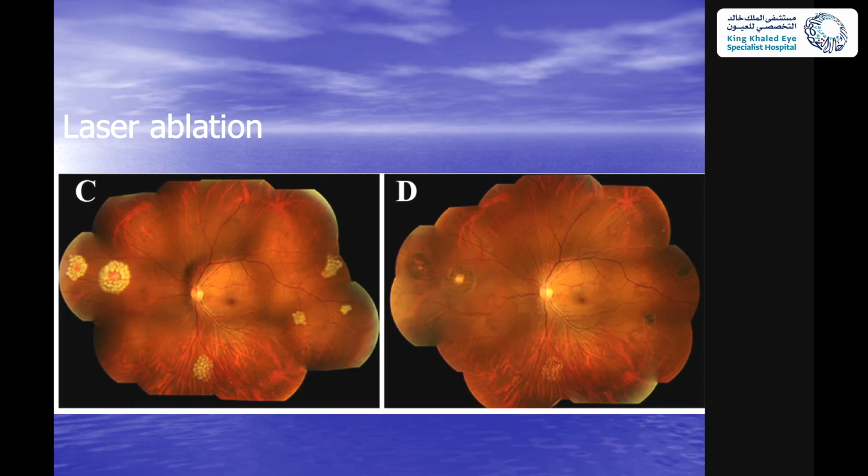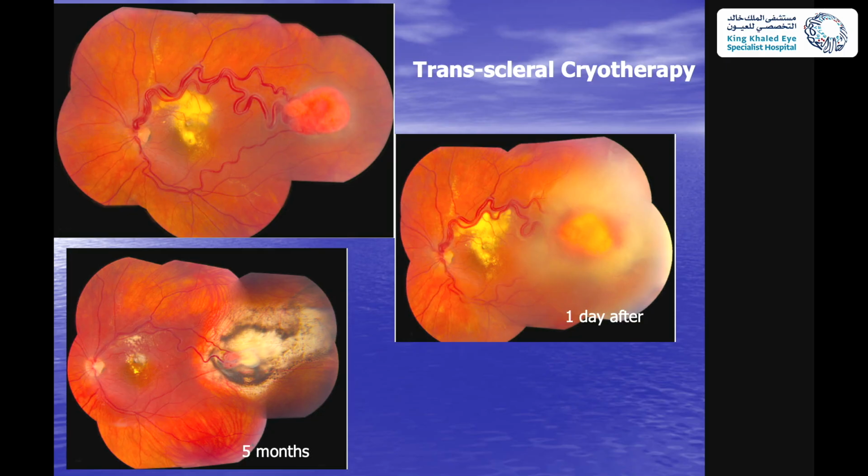Laser ablation can be done for the tumor that is small. In fact, it's probably a good idea to do them instead of watching them, because we have seen those hemangiomas do grow with time, and they become exudative. So when they are small, it's probably the best time to treat them. In the old days, some people just watched them, but I think that's probably no longer the suggestion. For the larger tumor, you can do transscleral cryo.